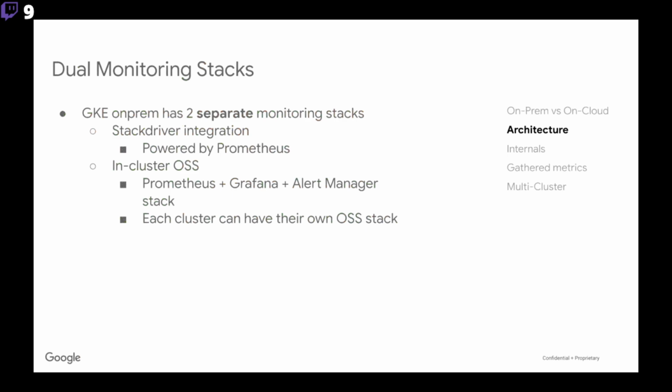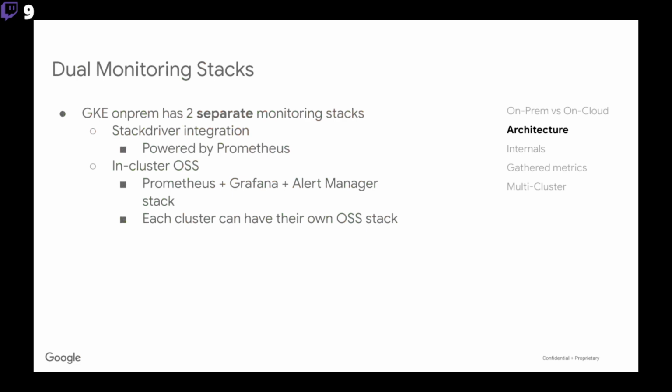Remember the previous slides, we talked about how GKE on-prem and GKE on cloud both support the Stackdriver pipeline. But in GKE on-prem, we support an extra open source in-cluster pipeline, which is powered by Prometheus, Grafana, and Alert Manager.